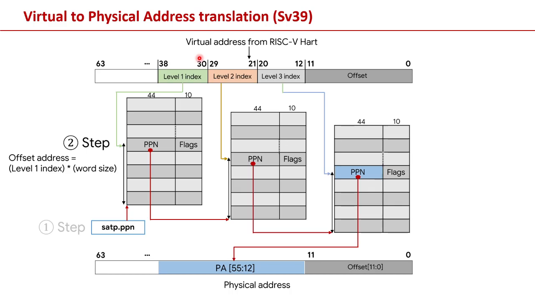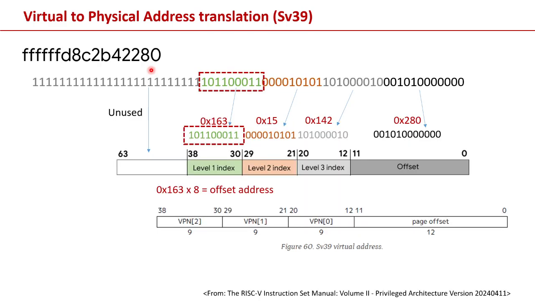So if you convert the virtual address into binary format, we can have that kind of information. For better understanding, let's refer to this example virtual address. This virtual address is in hex format. This will be converted into this kind of binary format.